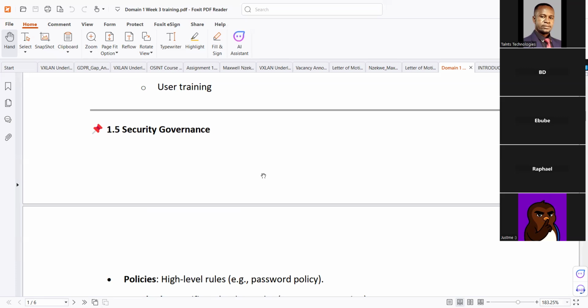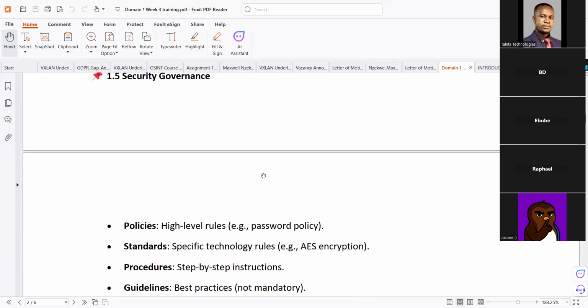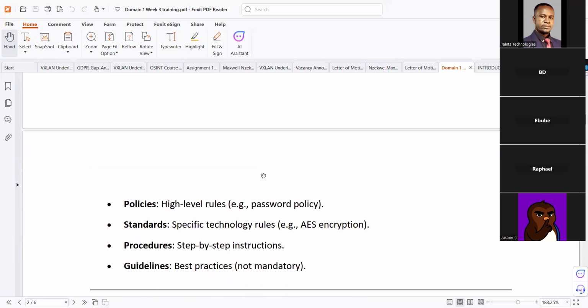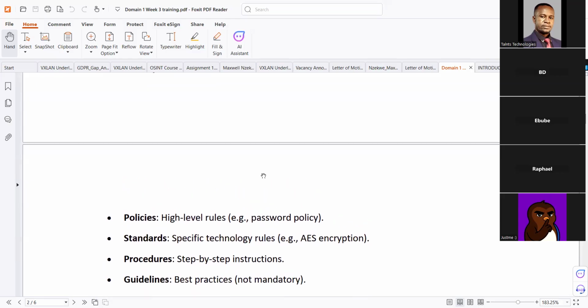Okay. So we look at security governance. In security governance, we talk about policies, standards, procedures, and guidelines. This one you will surely see in the exam, because they are going to ask you the difference between policies, standards, and procedures.